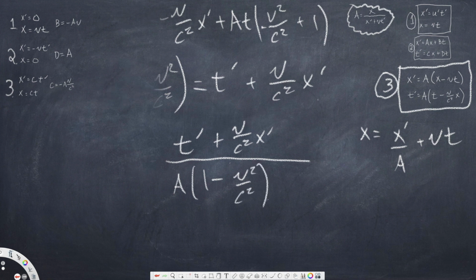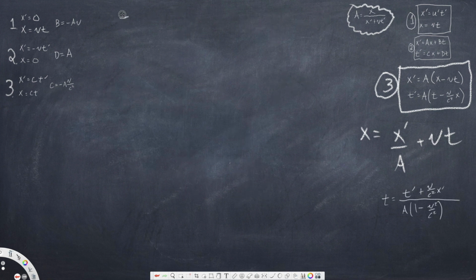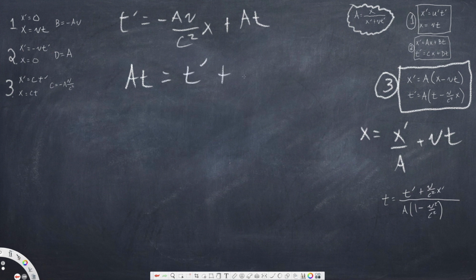c squared. Let's also do it the other way around, where we first start with this one, and we solve for t. So actually, let's put it in the correct values. Negative avc squared x, plus at. So simple enough, at equals t prime plus avc squared x.